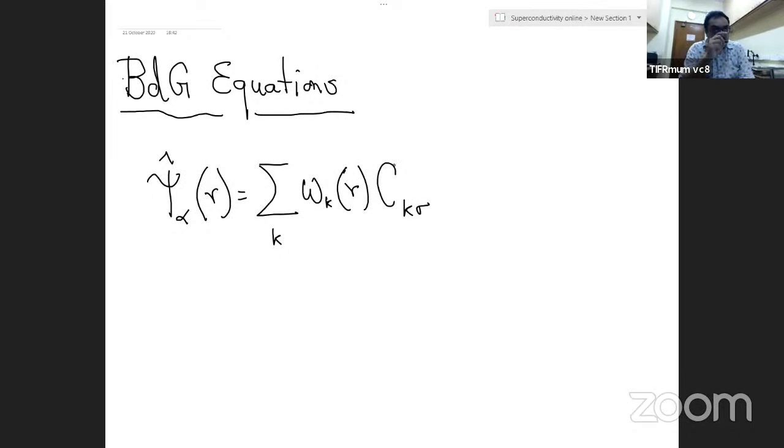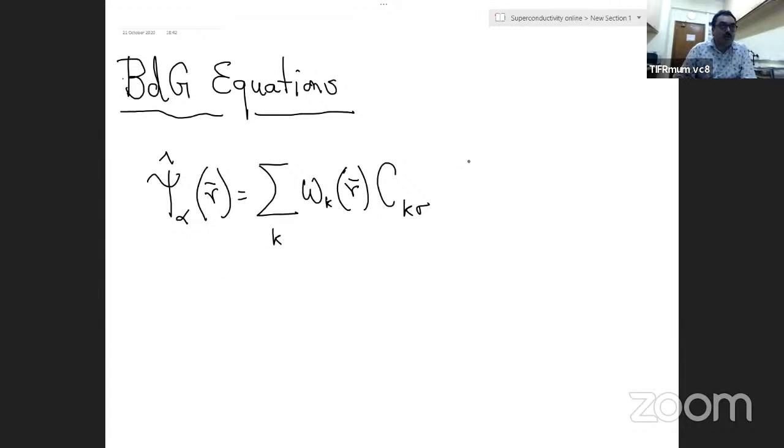This is what we learned right at the beginning when we learned second quantization. To create a creation or annihilation operator at position R, you need to sum over all k space with a specific weight factor given by Wk.